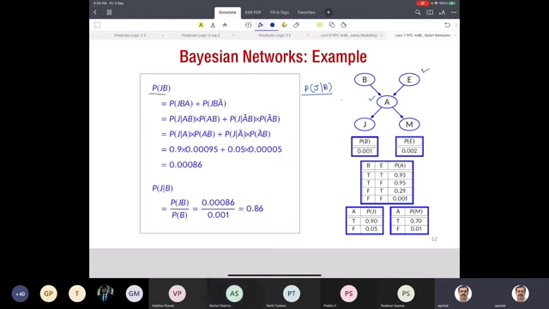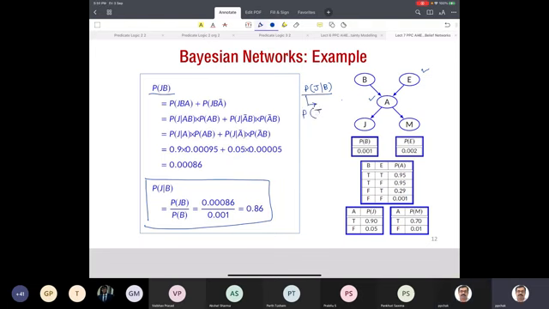And how will you find P(J given B)? You first find P(J, B), and then you can do it this way or the way you mentioned. The way you mentioned is very good.